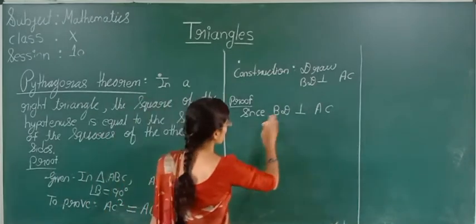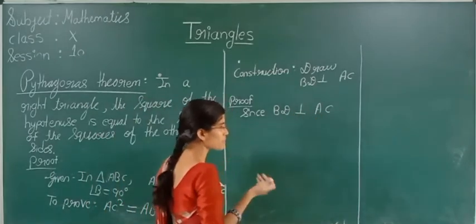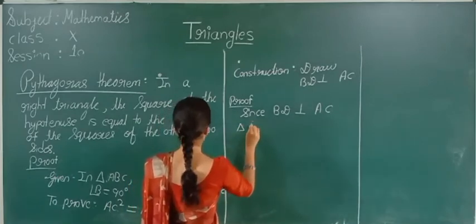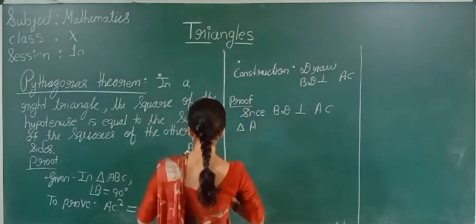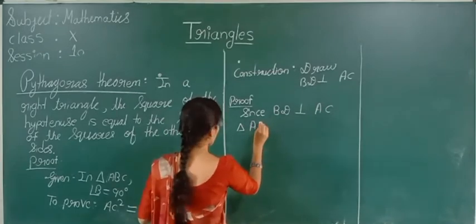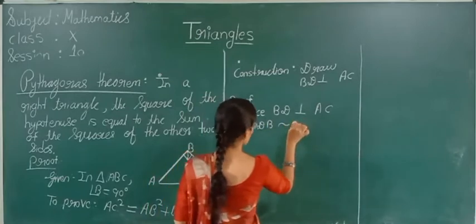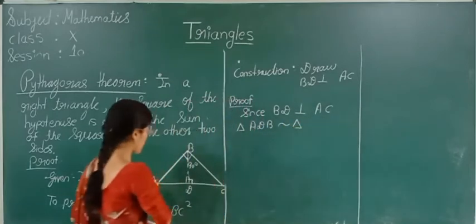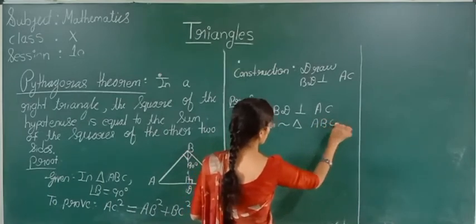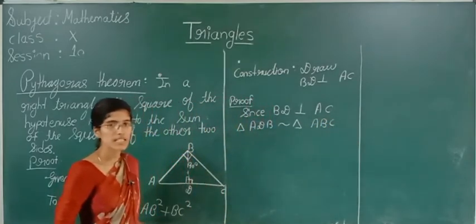Now since BD is perpendicular to AC, from the previous result we can write triangle ADB is similar to triangle ABC. How did this result come?